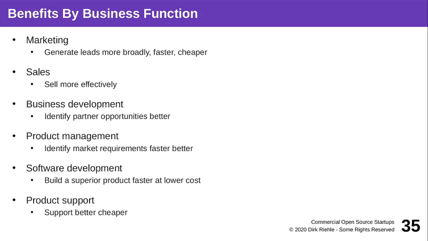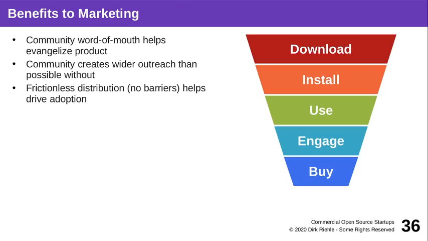Business development can identify partners faster, better. Product management gets ideas faster. Software development gets some of its work, not all, not the coding, but some of it done by users and so forth. So let me take a look at first marketing, but then more importantly sales.